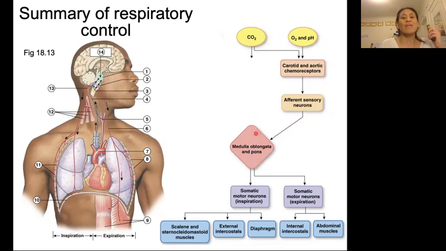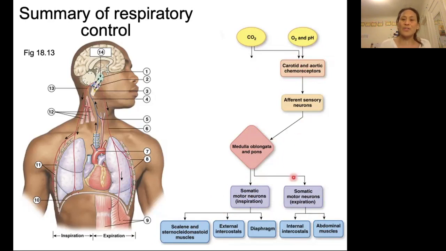Okay. From there, those respiratory control centers in the brain are going to send messages out through our somatic motor neurons, which are then going to control our respiratory muscles and tell them, in this case, to increase ventilation, because remember that our peripheral chemoreceptors are only sensing when our ventilation is insufficient.